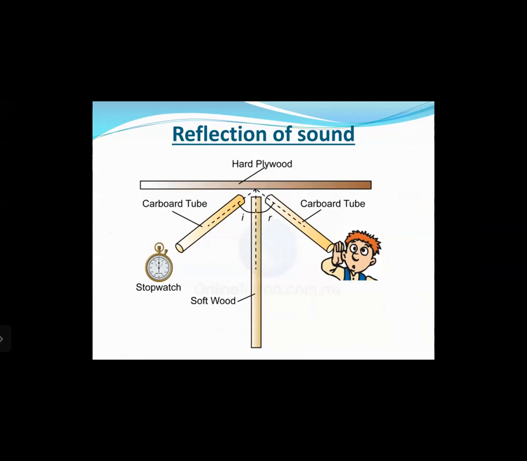On one side of the partition, we have placed a stopwatch, and we are trying to listen to the sound of the stopwatch from the other side of the soft wood partition. Then we have placed cardboard tubes so that the sound waves can travel through these tubes. On observation, it is found that the angle of incidence made by the sound waves is equal to the angle of the reflected sound waves. This proves that the angle of incidence equals the angle of reflection, right?